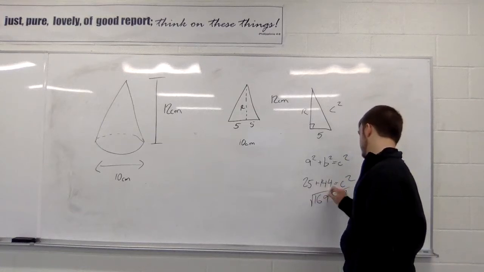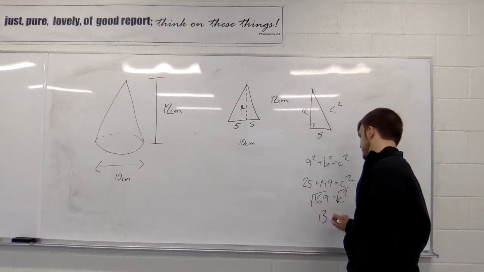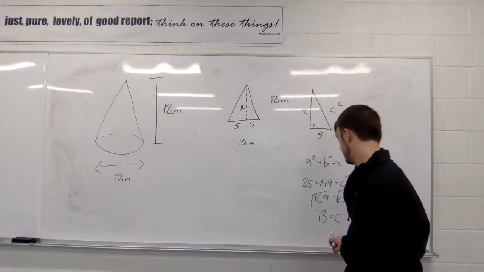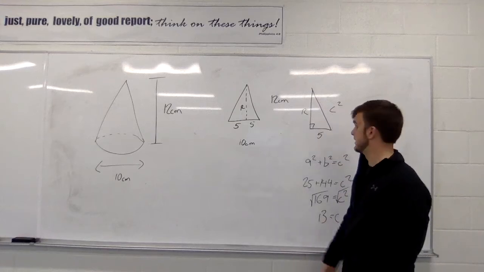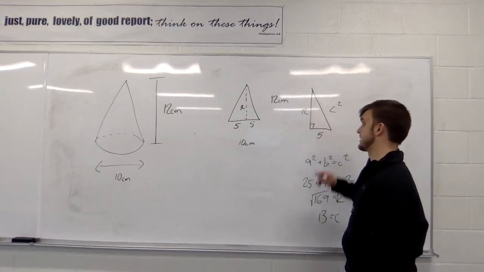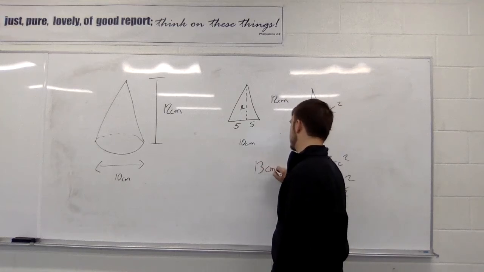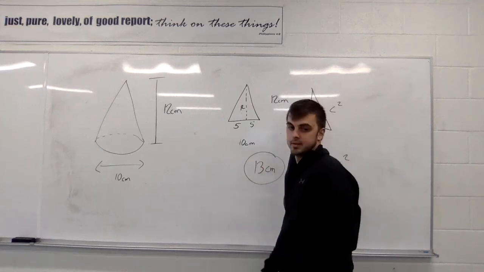Square root, that is 13. C is equal to 13. And if you remember from a couple lessons ago, this could be positive or negative 13, but you're not going to have a negative 13 slant height. So slant height is 13 centimeters.